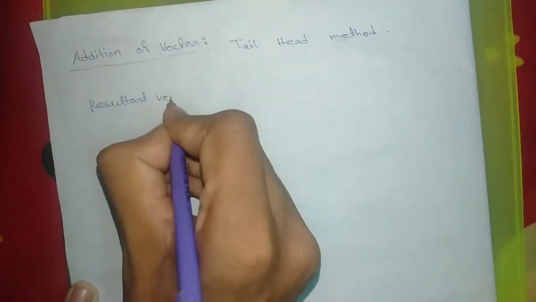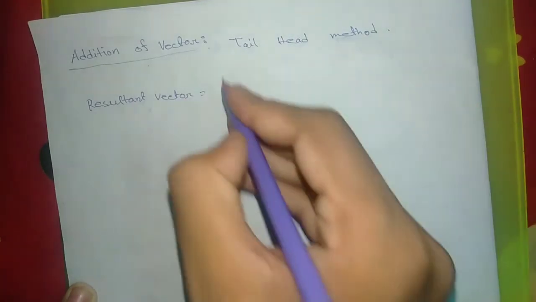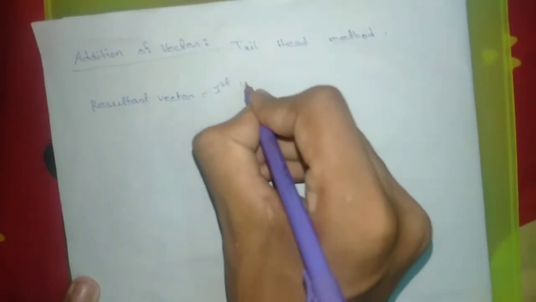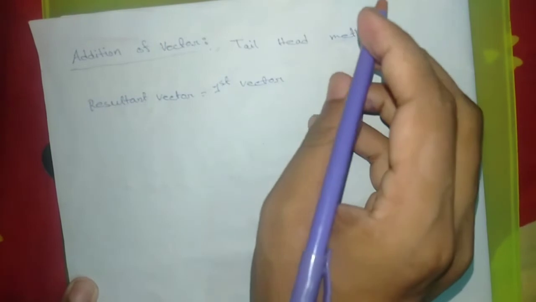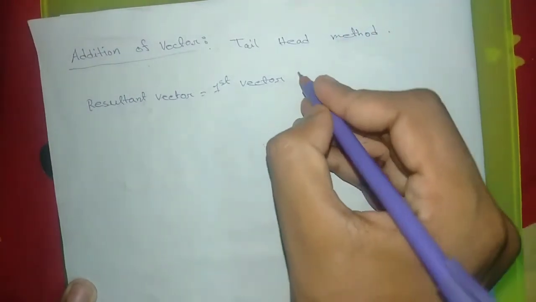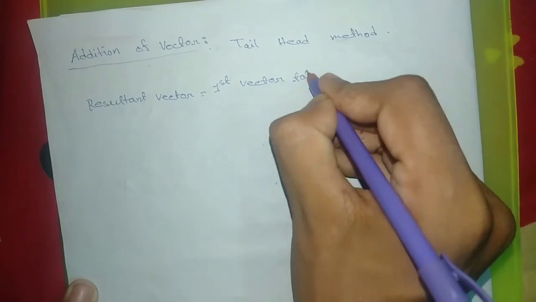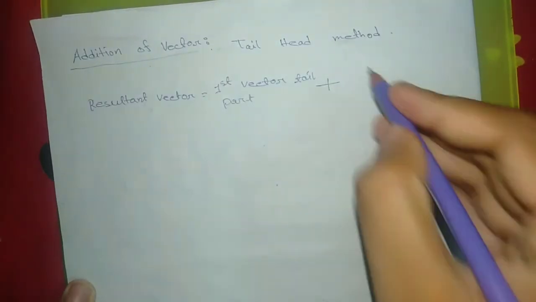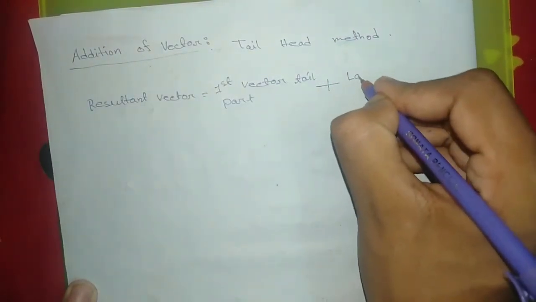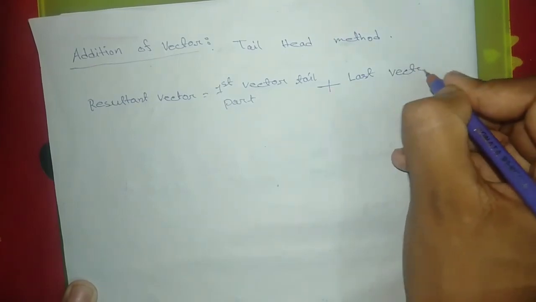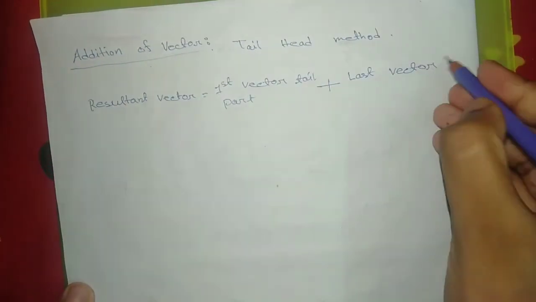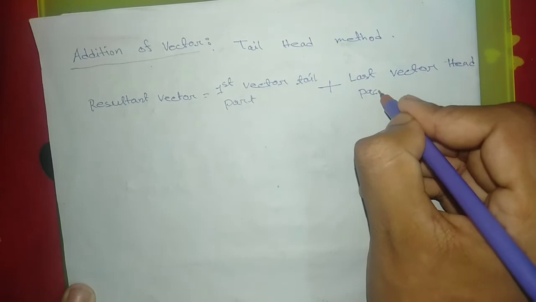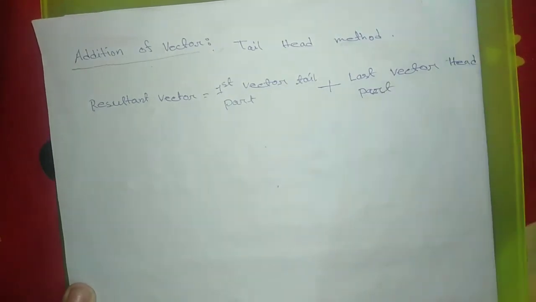Resultant vector equal to first vector's tail part plus last vector's head part.